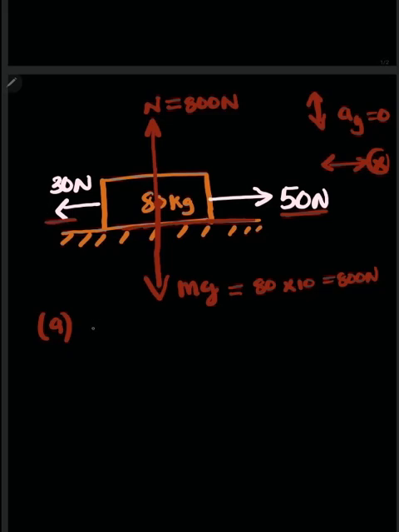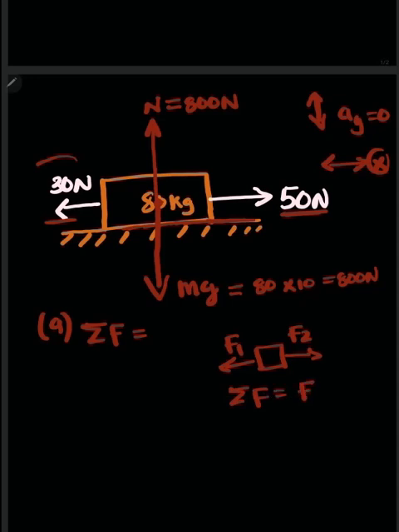To find the net force, because the two forces are in opposite directions, every time we have a situation like that, with F1 and F2, the net force is equal to F2 minus F1.